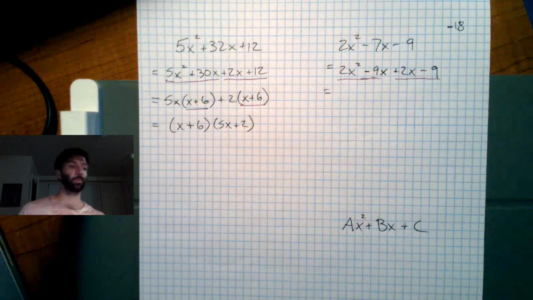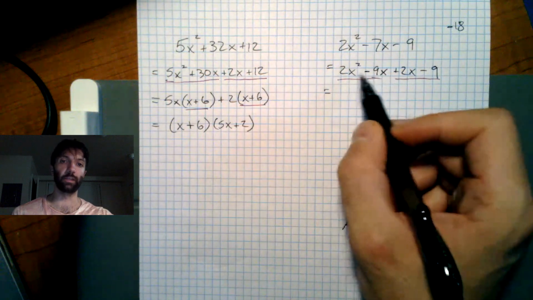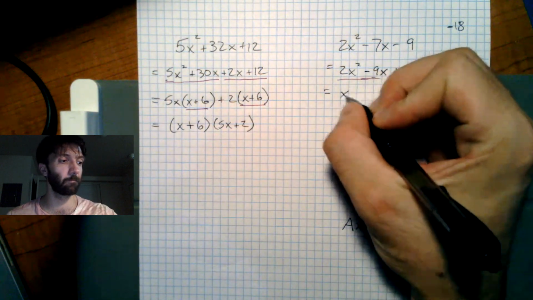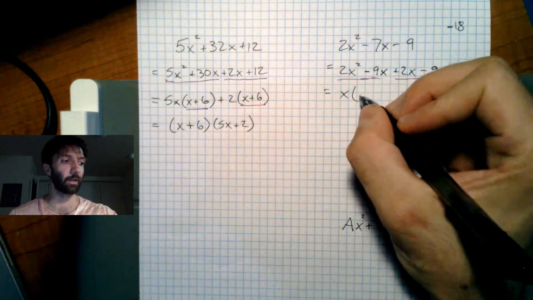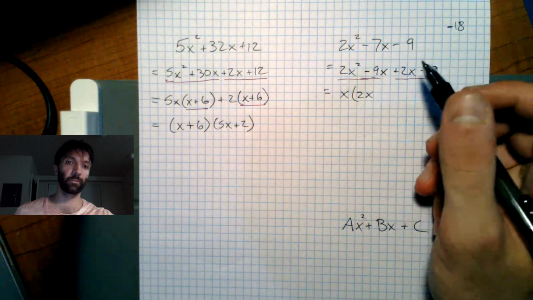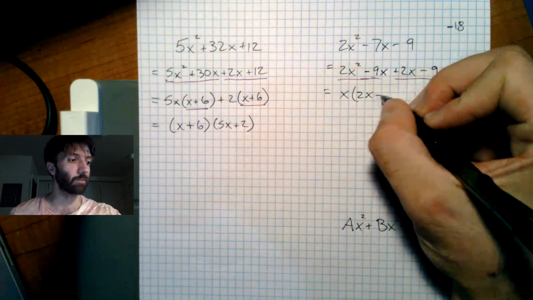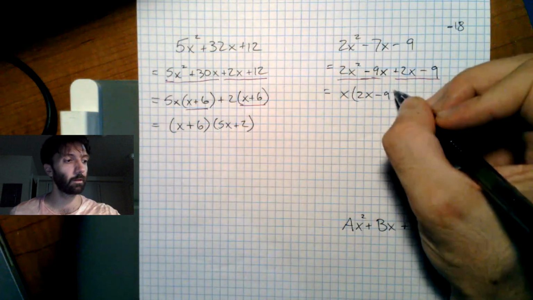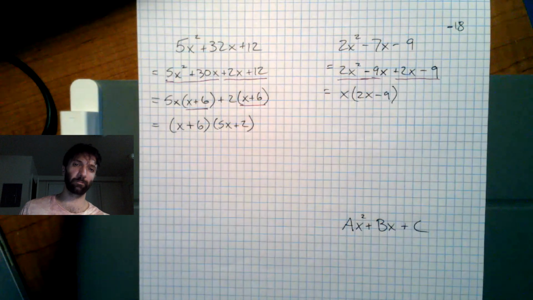All right. And I'm going to factor out the GCF of this first group. In this case, it's just going to be x that I'm factoring out. And then x times 2x will give me the 2x squared. And then x times -9 will give me the -9x. So that group is now factored.